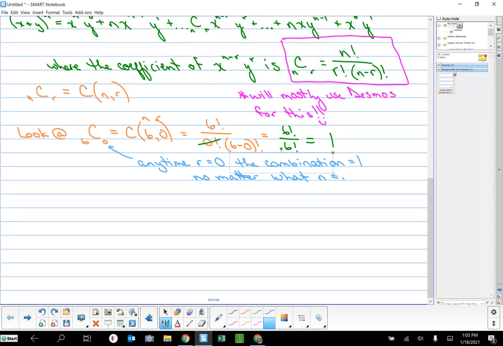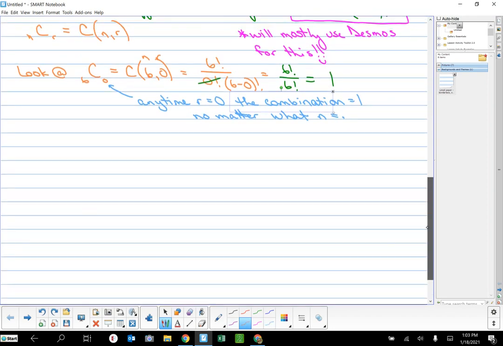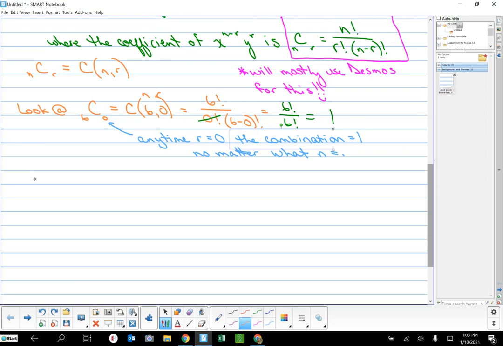That will be true all the time. Let's take a look at this one. You need that formula. So let's look at what happens if that is a 1 down there.